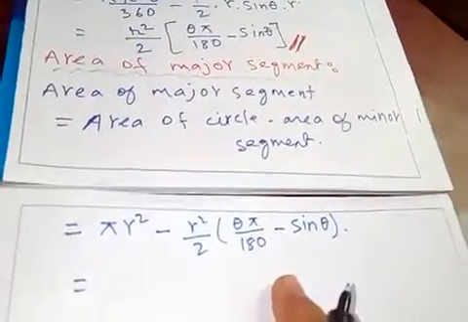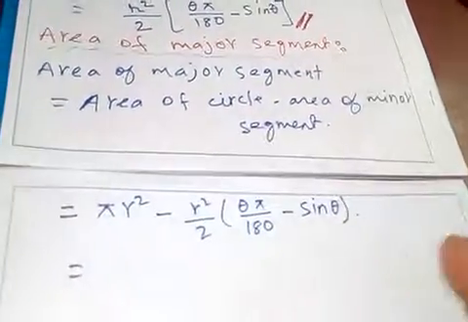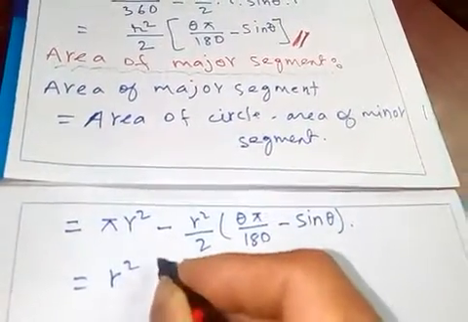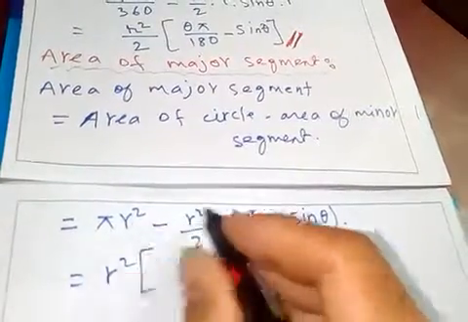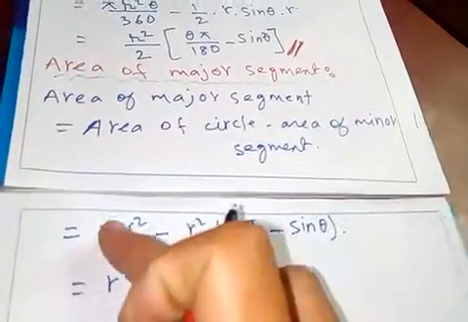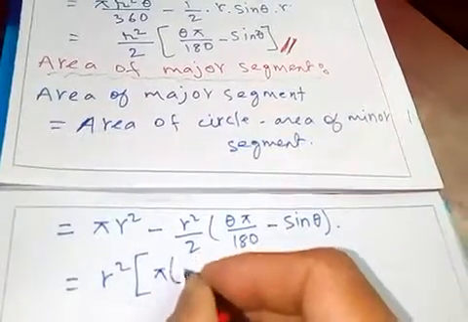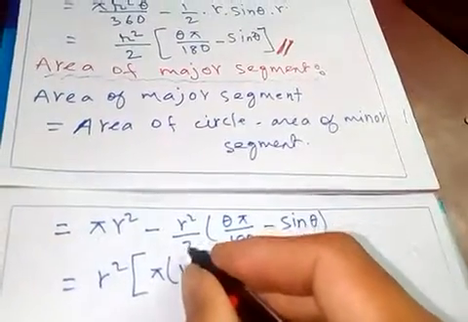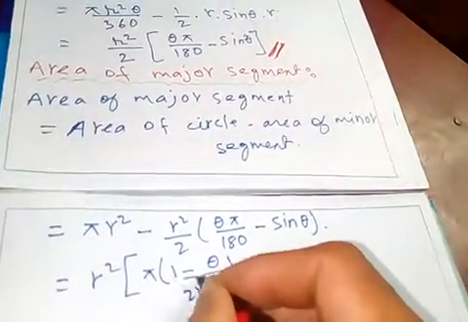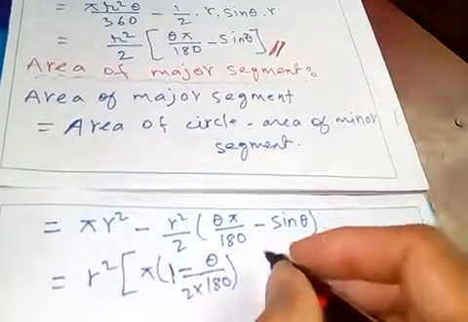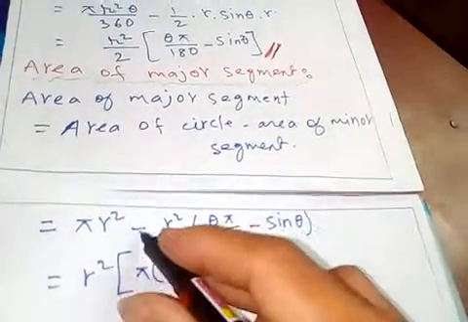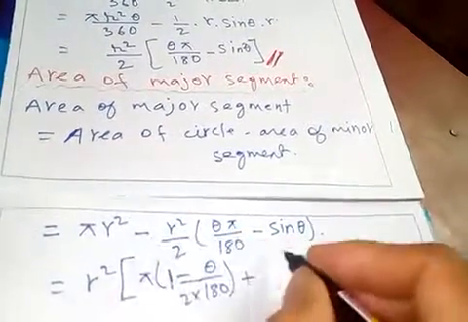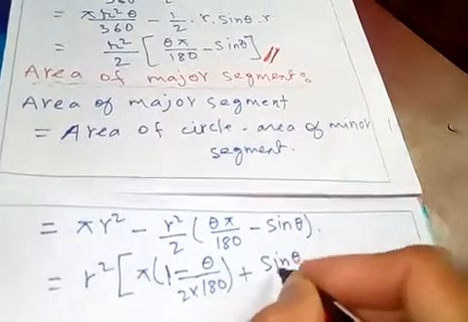Now just do it simply. Let's take r squared common, and from this and this one pi is common, so pi into 1 minus theta over 180, with this it will be into 2, minus 1, plus sine theta over 2.